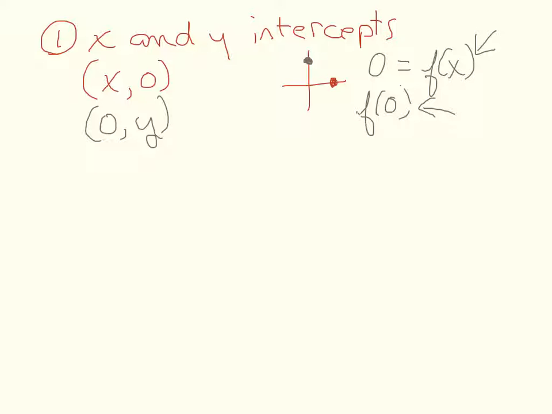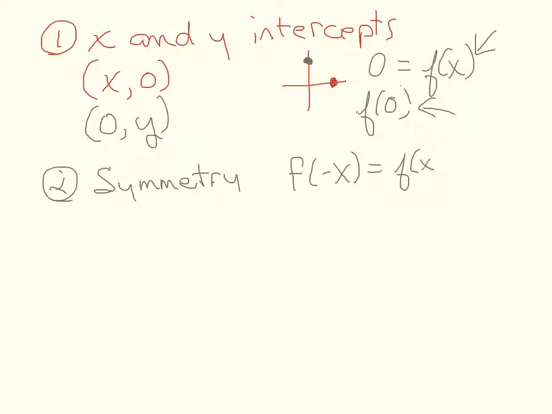Another thing we want to look at is symmetry. We said that if we have an even function, that means that f of negative x equals f of x. This is an even function. It is symmetric to the y-axis. An example of that is y equals x squared. If all of your exponents are even, then you have an even function.